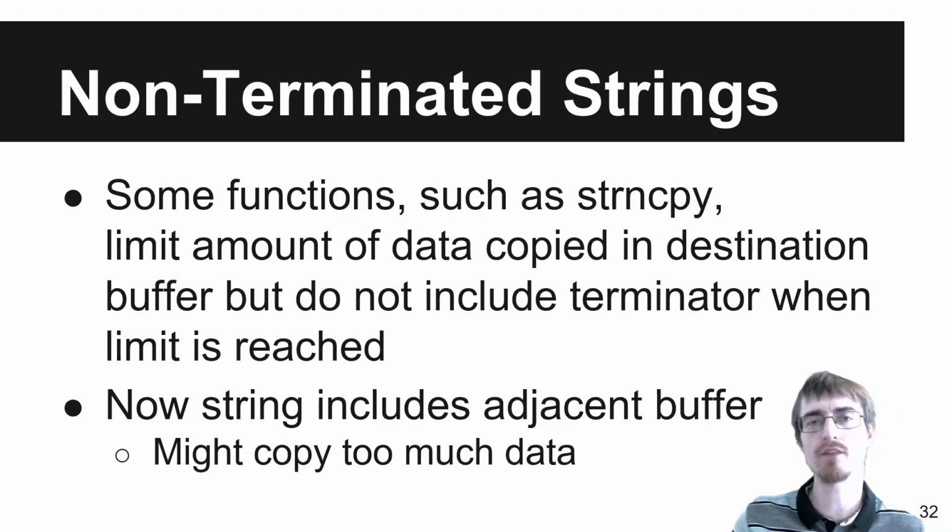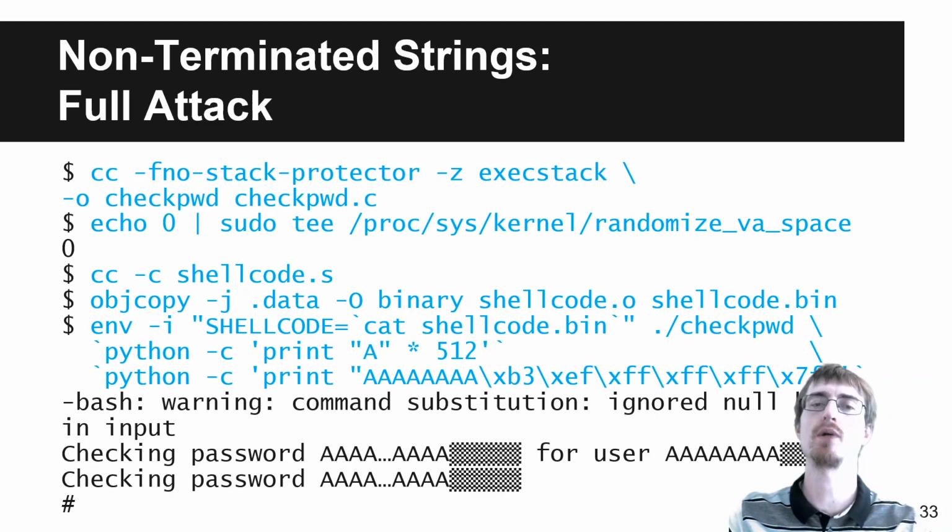So if we have 512 characters or more, strncpy not only chops off the rest of the string, but it also removes the null terminator if it doesn't fit within the limit. This means that, as before in the off by one case, the string includes the adjacent buffer due to a non-terminated string. Again, we might copy too much data, and we get into exactly the same situation that we were in with the off by one vulnerability.